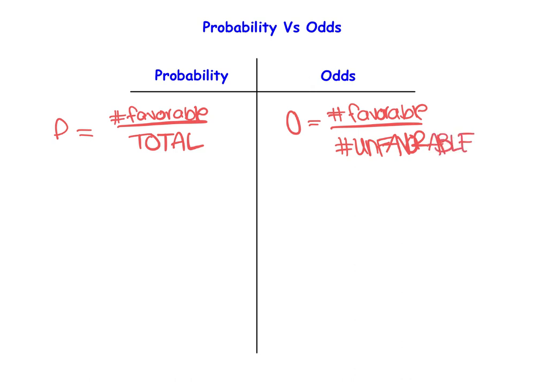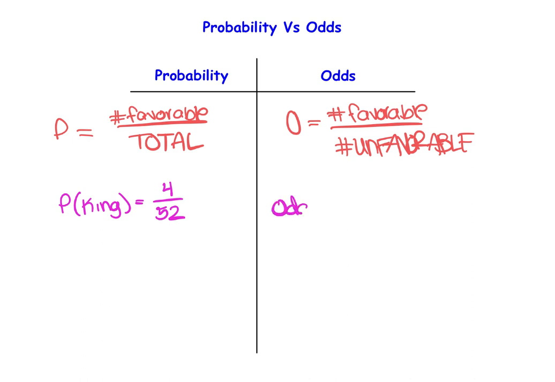So to kind of show you an example or two, let's say we want to find the probability of selecting a king out of a deck of cards. We know that there are 4 kings in a deck, so our favorable is 4, and our total is going to be 52 in the bottom. Now, we can simplify that fraction, but I don't want to focus on that right now. I want to focus on the differences in how we write the fraction. We did favorable over total.